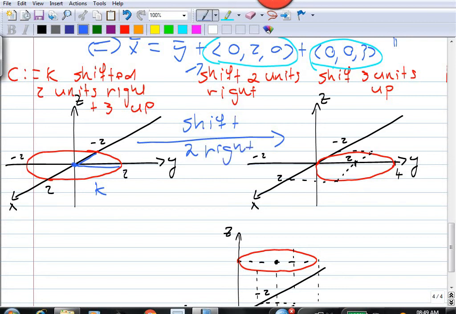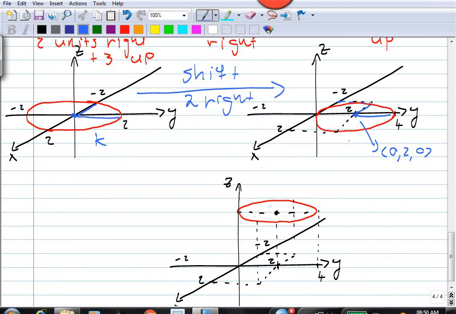So we just take the circle and we pick it up and we move it 2 units to the right. So now we've got the circle in the xy plane. There's its center at 0, 2, 0, and again, its radius is 2. And now we add 0, 0, 3. So this has the effect of shifting the curve upwards by 3 units.